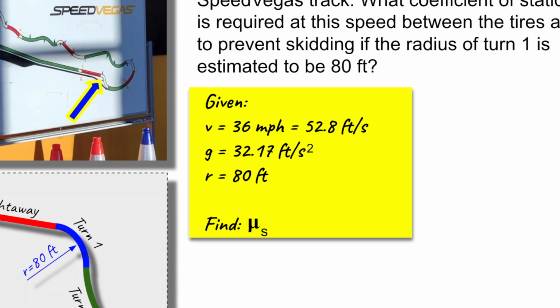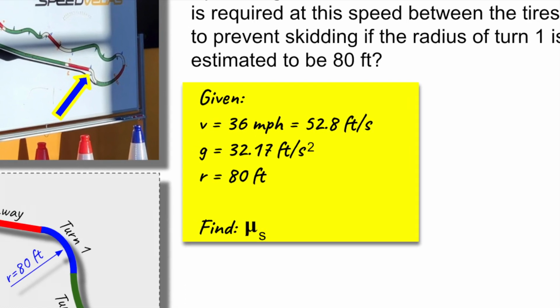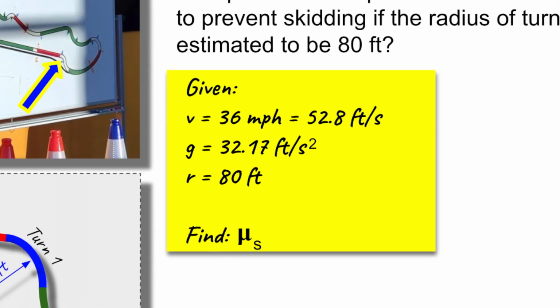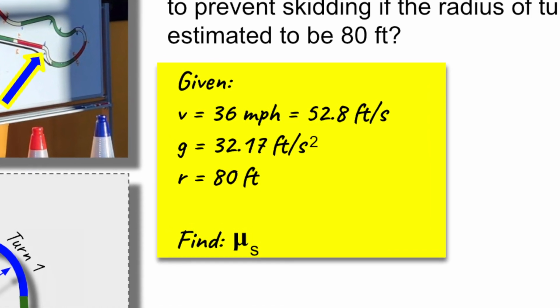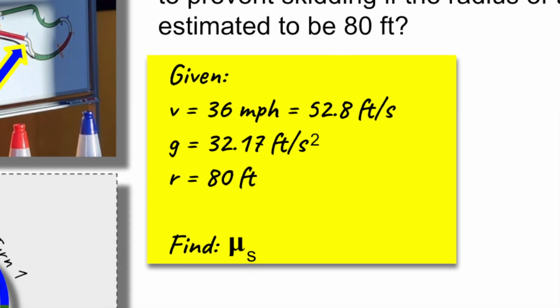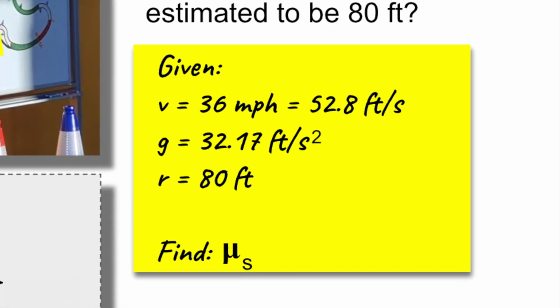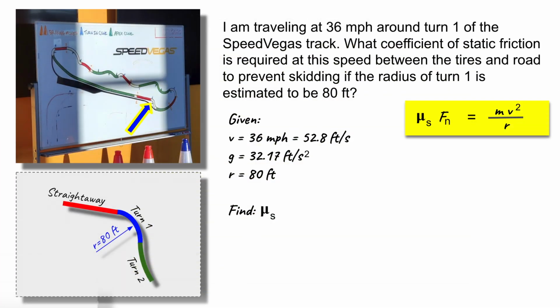And we should always indicate what we are solving for. In this problem, that is mu sub s, the coefficient of static friction. And as a side note, if this was a problem to solve for kinetic friction, we would call it mu sub k.